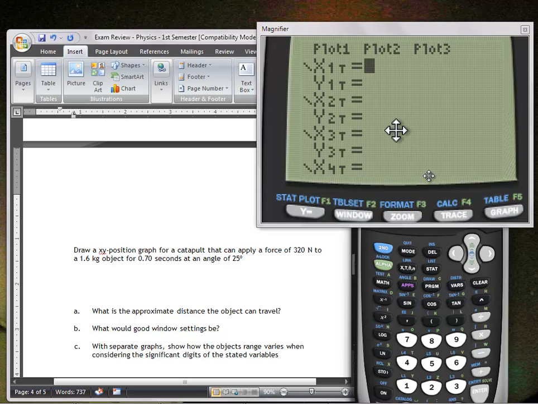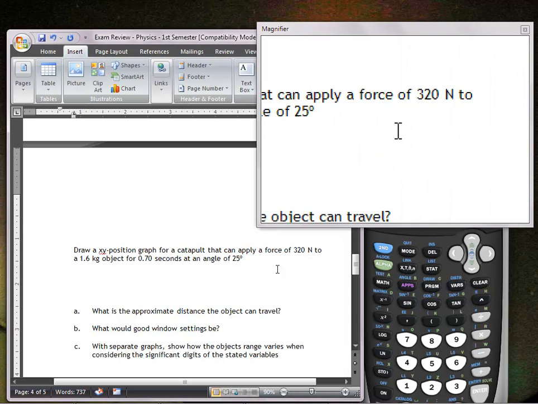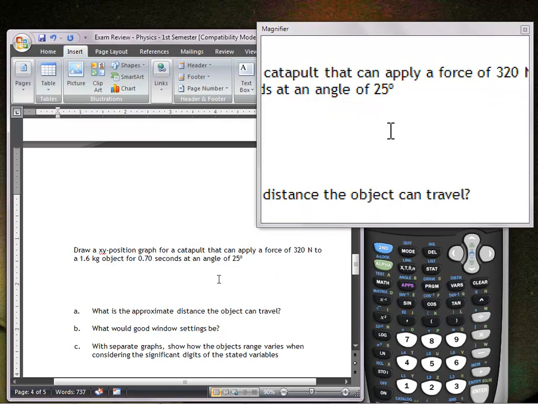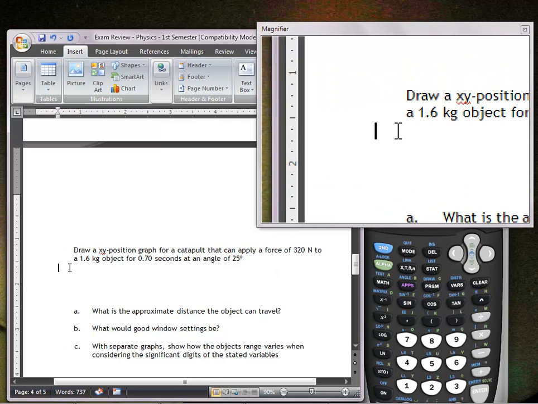So, the first thing we might want to do is just look at some momentum ideas and calculate what velocity we could throw this object at. Remember that delta P is equal to mass times delta V. That's change in momentum is equal to mass times change in velocity.